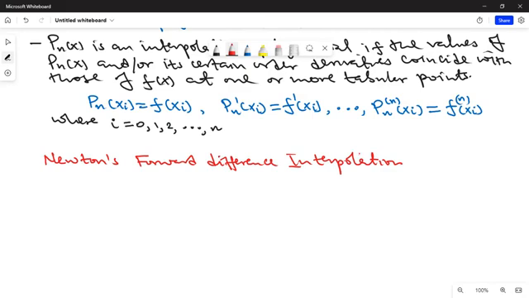Now, in this case, for you to use Newton forward difference interpolation, you must ensure that the tabular points, which are the x values, must be uniformly spaced. They must be uniformly spaced.